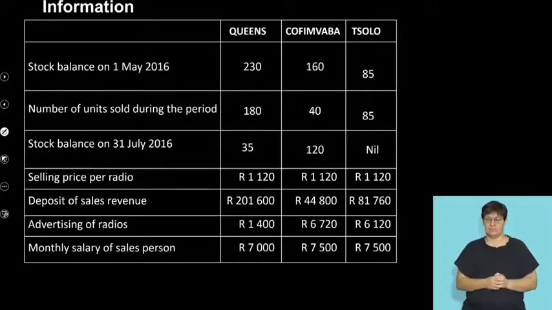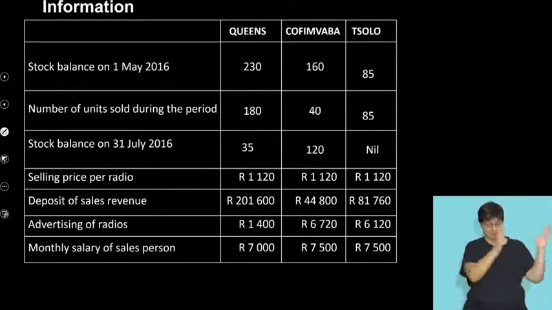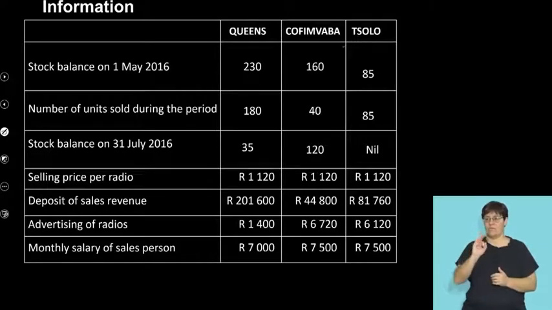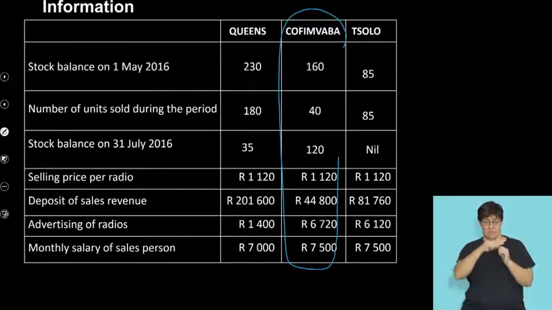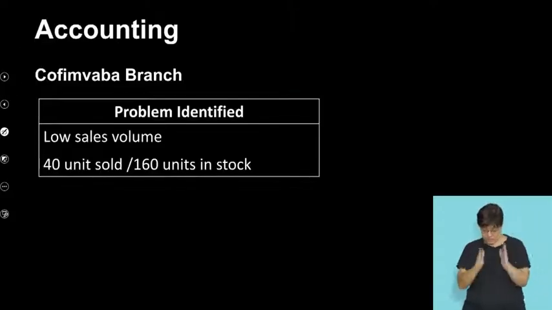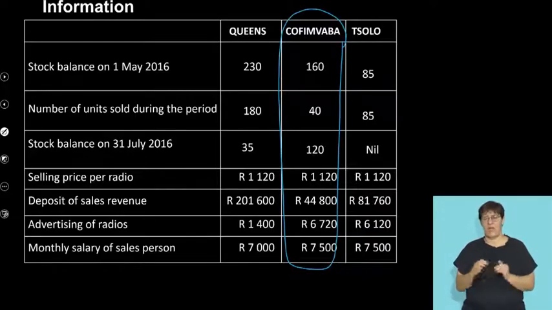The next branch we're looking at now, obviously, is the Kofivamba branch, and this is where our emphasis is now. And if we look at this one here, let's look at the first challenge that we have here. If you look at your sales, right, 44,800.